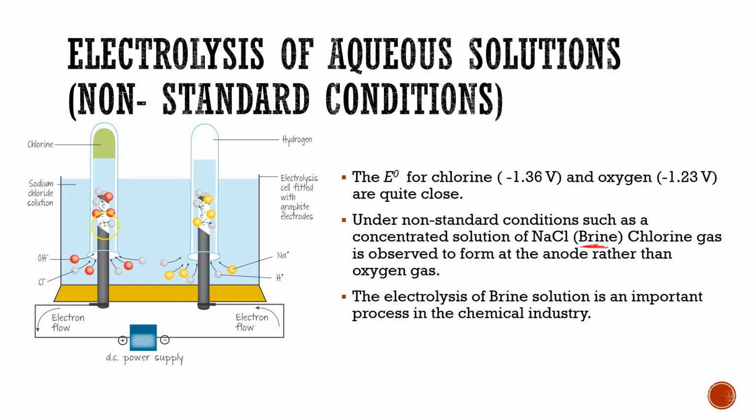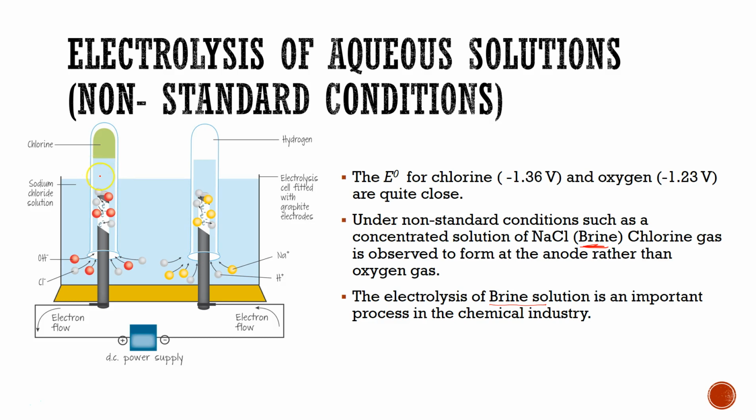So these chloride ions, because there are lots of them around at a high concentration, what we end up seeing now is chlorine gas being produced at those voltages.